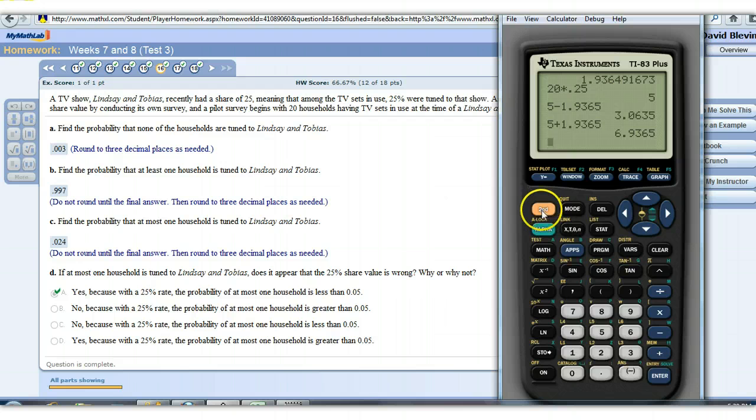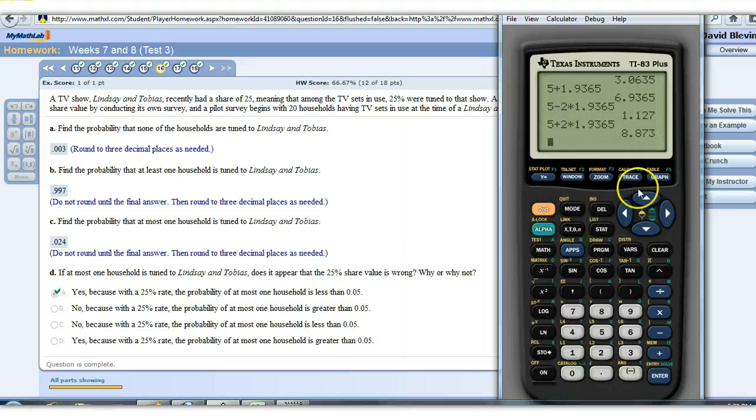Alright, and then go back and do this times 2 and change that to a plus. And now we're 2 standard deviations.